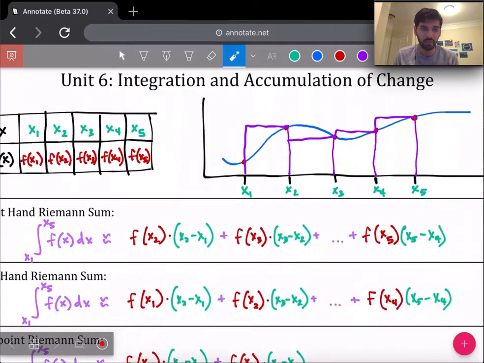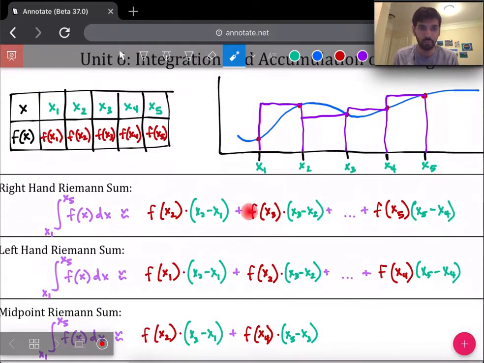If you look at this approximation here, we started with f of x2 as the first height times the base of that rectangle, which is x2 minus x1. This is the base times the height. And if it's giving you a table, you just pull the value from the table and replace it here.